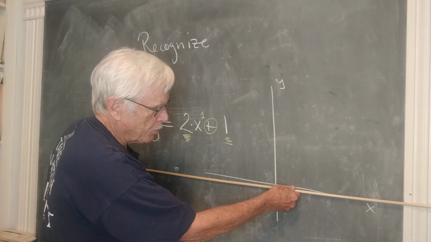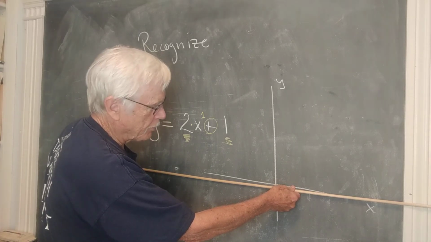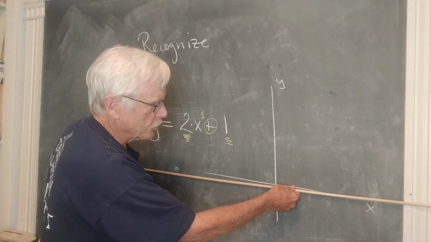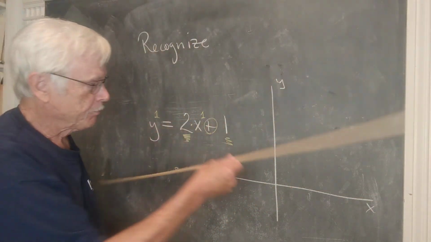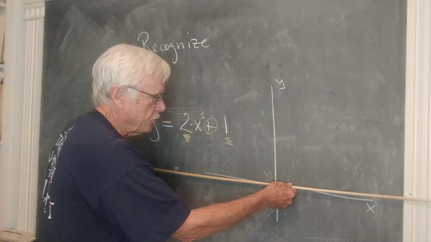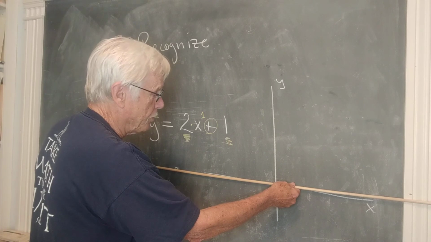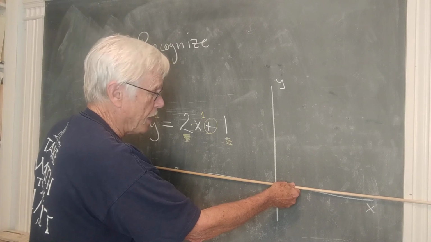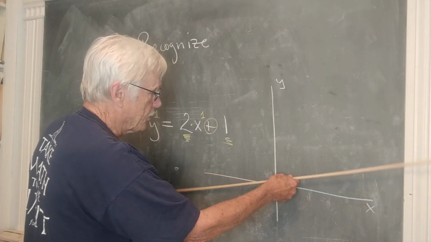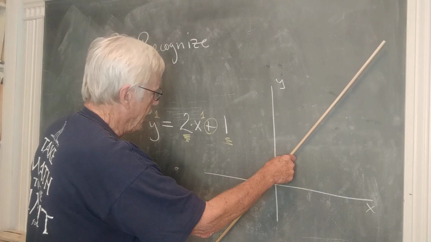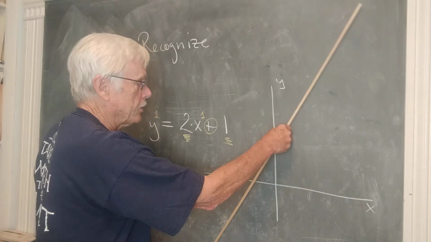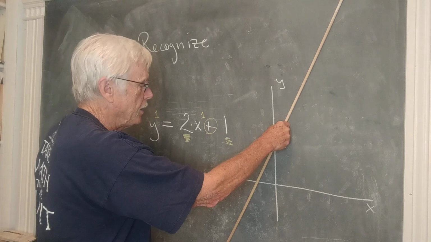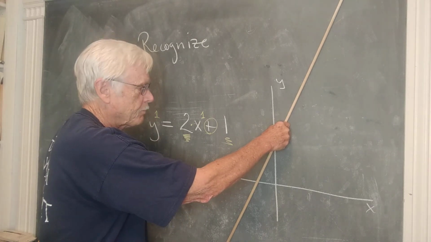You could pick either one. I'll pick the x-axis because we're going to talk about functions later, but it looks like a number line. The graph of this geometrically looks like a number line, but it's not placed in the same place. It has a slope of 2, and it has an intercept of 1. So there is the graph, slope of 2, intercept of 1.